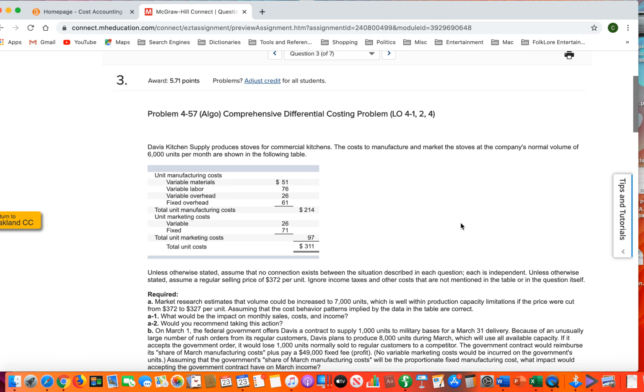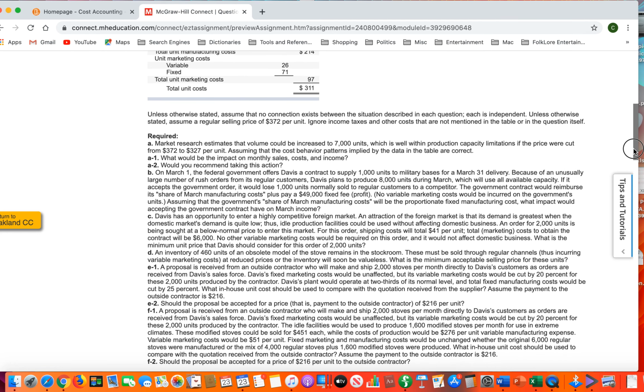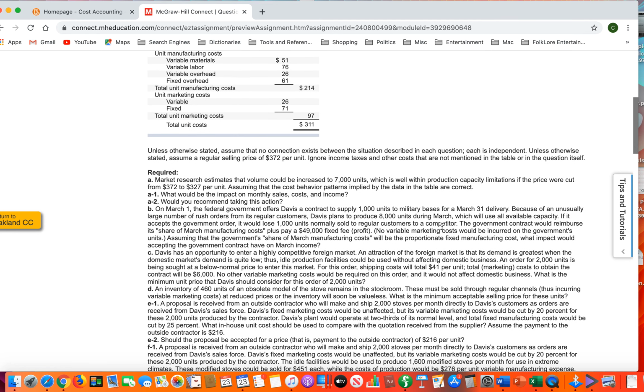Now, let us assume that you're going to do the 7,000 and then 1,000 government. Now, what they say here, the government contract, let's read what it says here. If it accepts the government order, it will lose 1,000 units normally sold to regular customers.